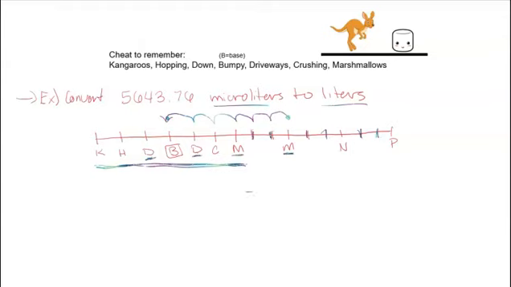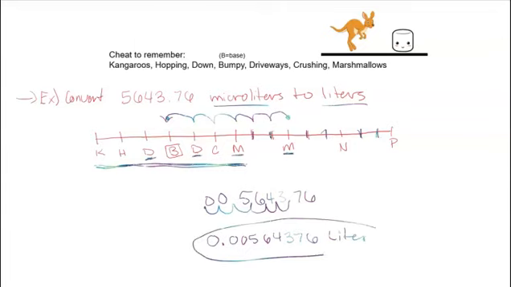So let's write our number down below. 76. And here's our decimal. Again, we're going to hop 6 spaces to the left. So that is 4. So we need 2 more. So we're going to end up with 0.0056437 liters, and that's a small number. So here's our answer.